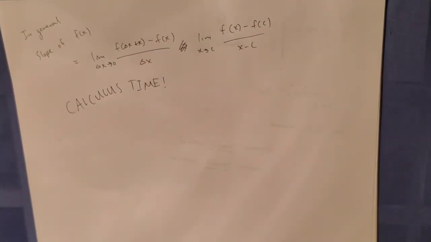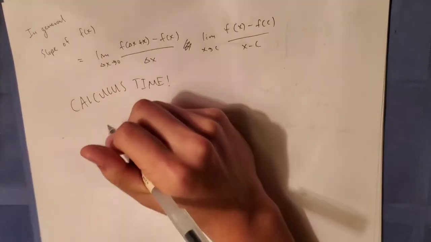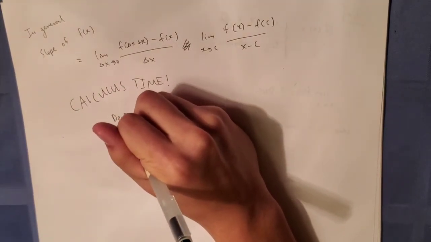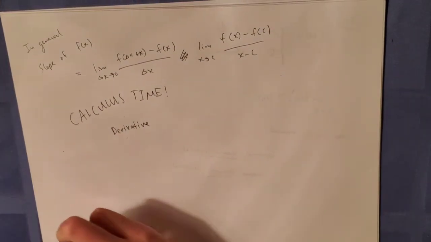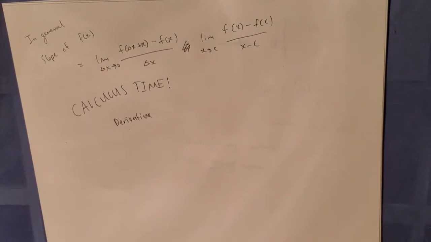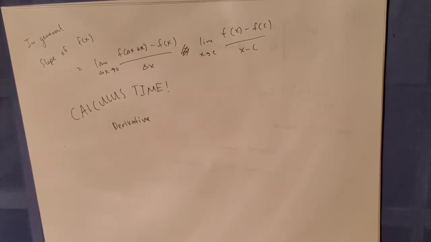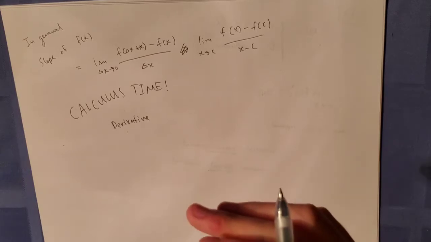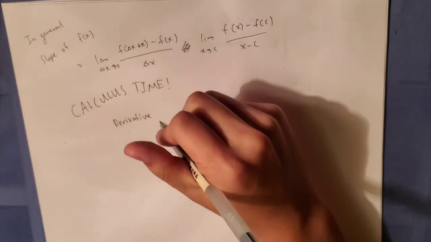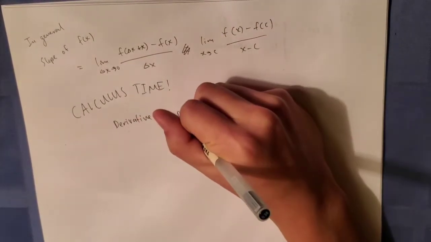So we're going to have the derivative. The derivative is going to be our name for the slope of a tangent line to a function. Many of you guys probably already knew that, but it's cool. Okay, let's define this.